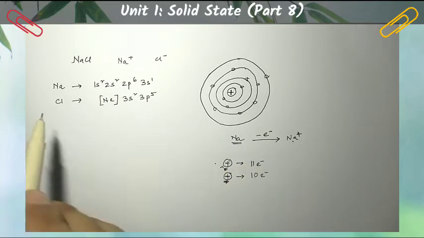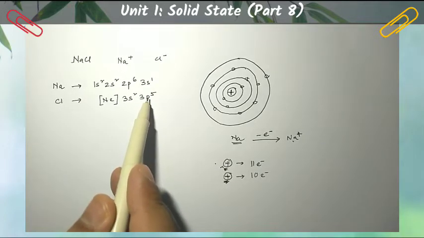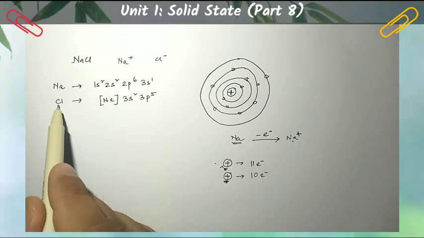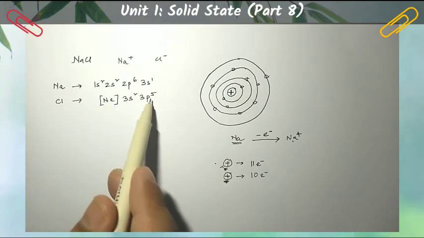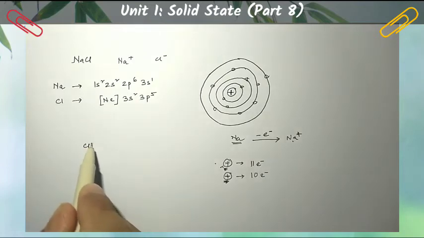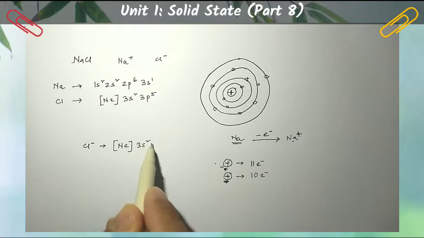And similarly in case of chloride, that means Cl negative. First of all, the electronic configuration of chlorine is neon 3s2 3p5. But the electronic configuration of chloride will be neon 3s2 3p6.